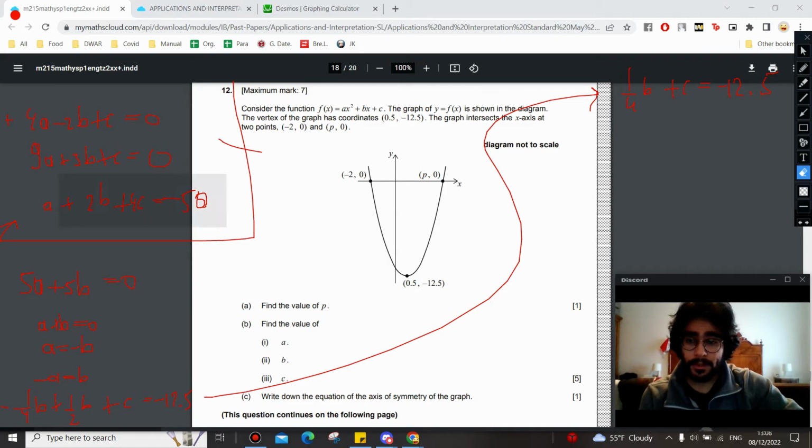Well, let's go back. So let's write it down again. So we have 1 over 4 a plus 1 over 4 b, 1 over 2 b plus c equals minus 12.5. Why don't I want to multiply by 4 now? Because if I do, then after subtracting, I will still have some c. But if I subtract the fourth one from the first one right now, the c's will go away.